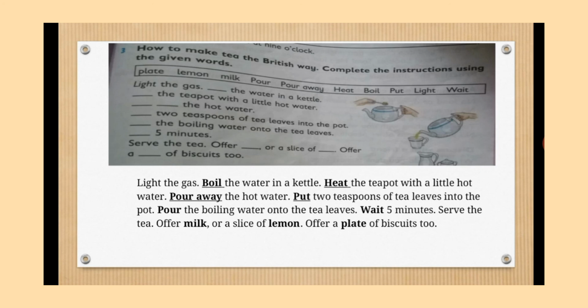First, light the gas, boil the water in the kettle, heat the teapot with a little hot water, then pour away the hot water. Put 2 teaspoons of tea leaves into the pot. Pour the boiling water onto the tea leaves, then wait for 5 minutes. Serve the tea. Offer milk or slice of lemon. Offer a plate of biscuits too. Don't forget to try it, okay?